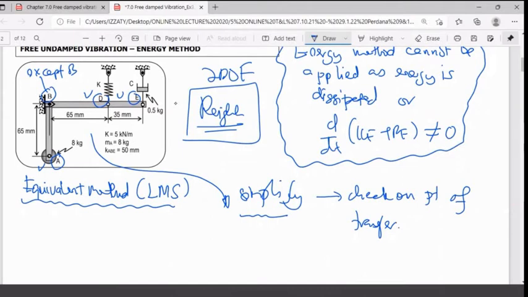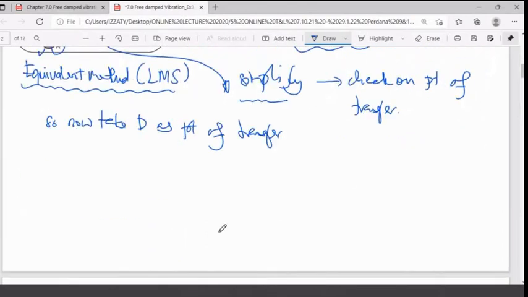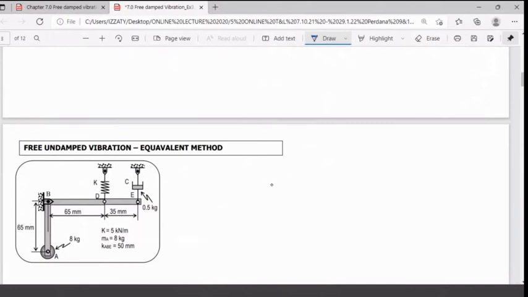Let's say you take D as the point of transfer. So your system will become as follows.